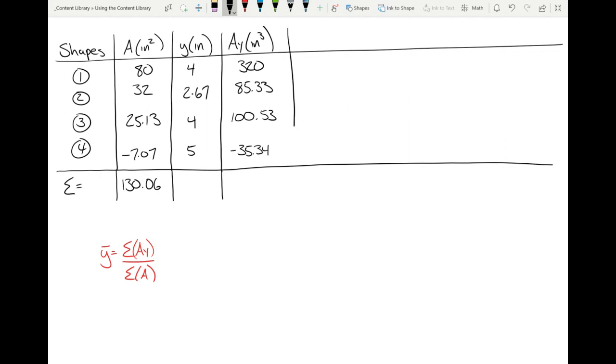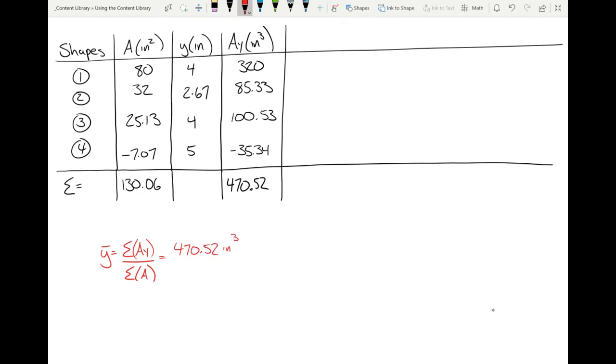So if you sum this column up, you're going to get something like 470.52.